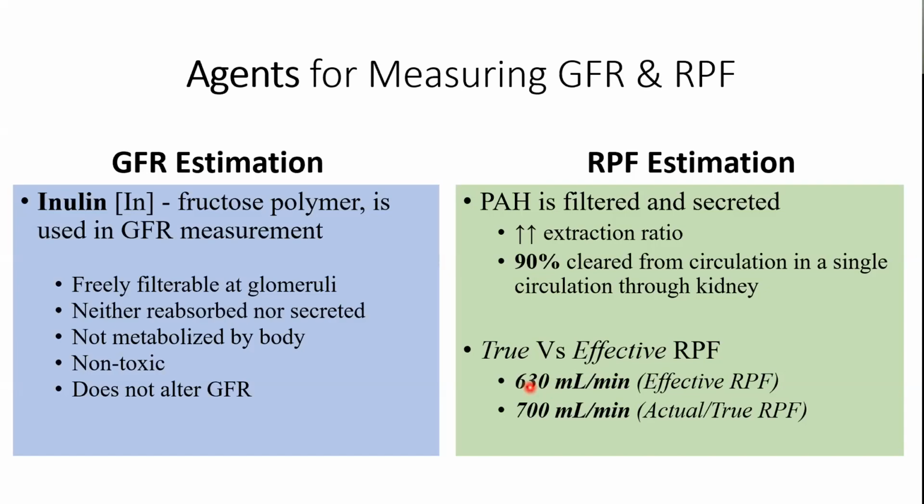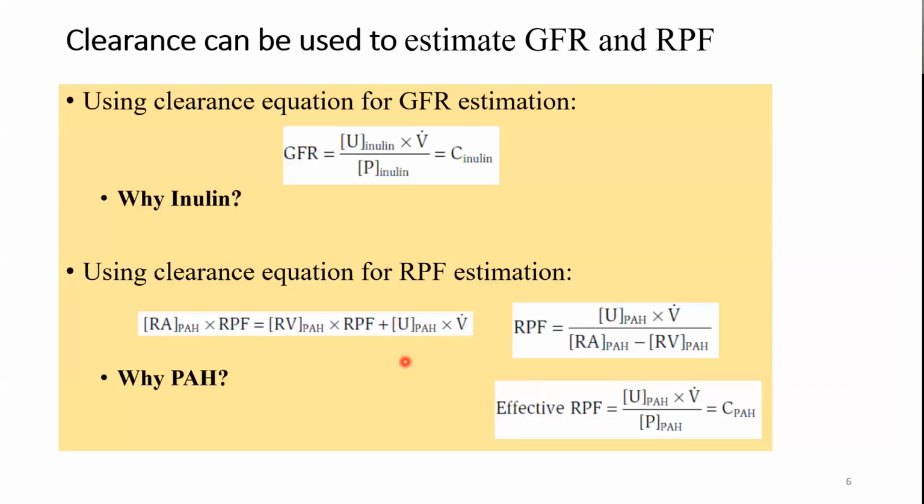Let me just first give you the clearance. Let's get this out of the way. So the formula now, according to Fick's principle, is the amount of PAH in the plasma, renal plasma flow, should equal the amount of PAH in the renal vein and the renal plasma flow plus whatever is going on in the urine. This is the Fick's principle equation.